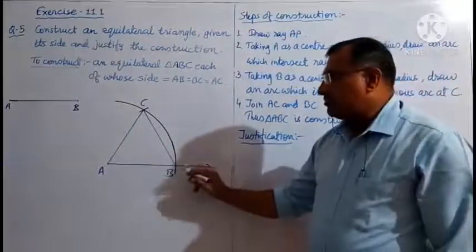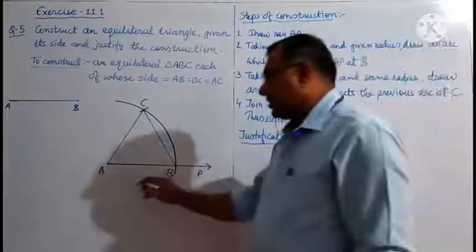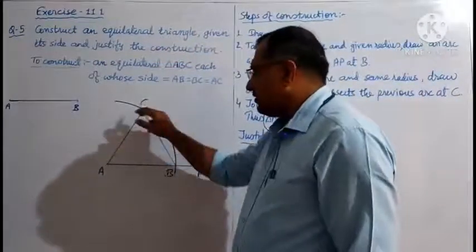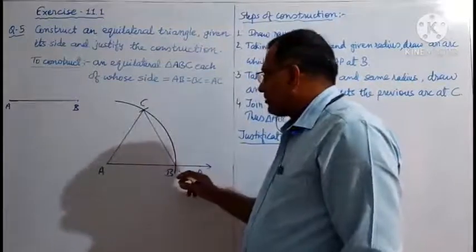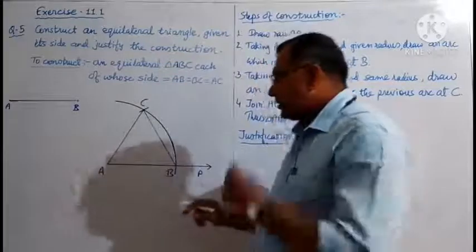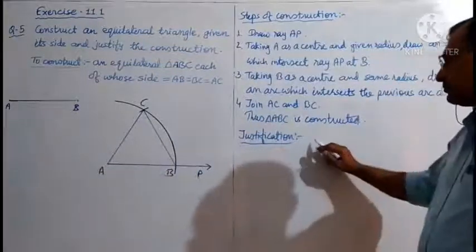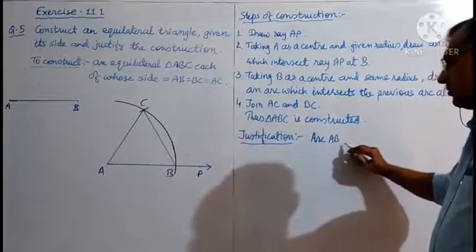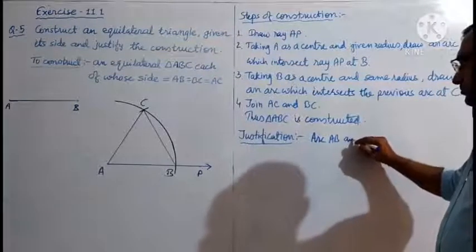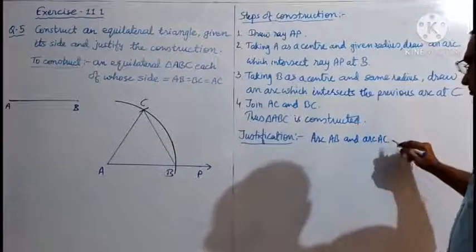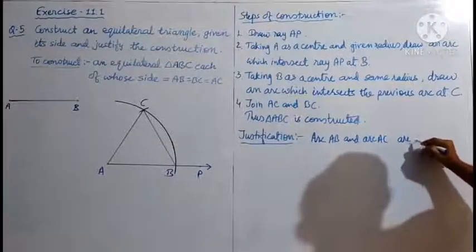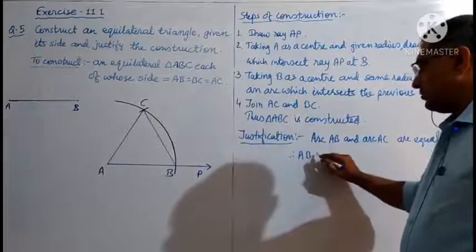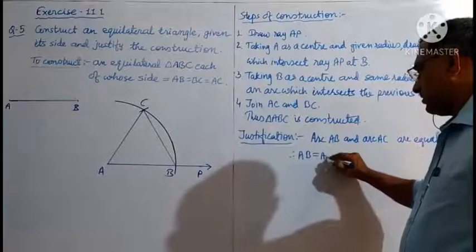What we have done: we have drawn the arc with center A, and also with center B. So here arc AB and arc AC are equal. Therefore, AB is the same as AC.